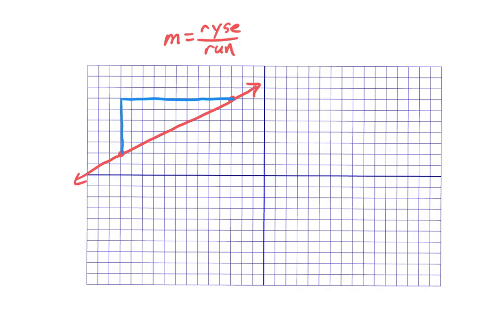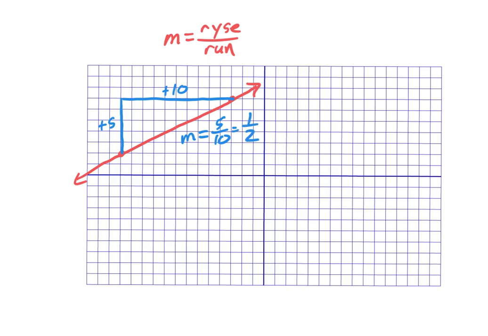So in this case, we went up 1, 2, 3, 4, 5. And we went right 1, 2, 3, 4, 10. So here our slope would be 5 over 10, which would reduce to 1 over 2.